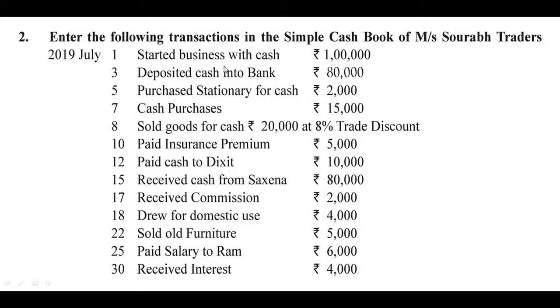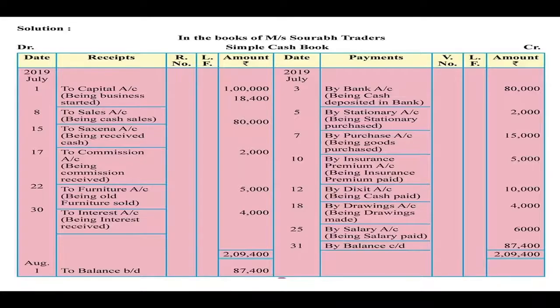Now you have to remember that while preparing the cash book you have to remember one rule, whether cash comes in the business or cash goes out of the business. Now in this case, when cash is invested in the business, cash comes in the business. Therefore, this first transaction will be recorded on the debit side.